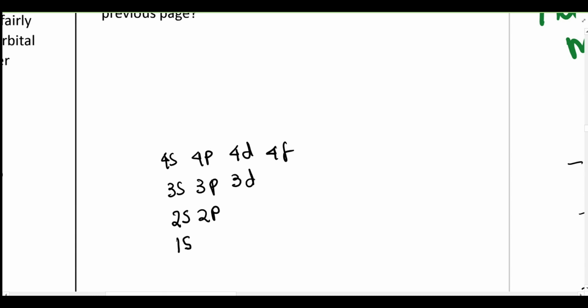It's going to go from the 1s, and then we're going to go to 2s, 2p, 3s, 3p, 3d, 4s, 4p, 4d, 4f, and then of course we keep going on and on. But the order goes something like this.